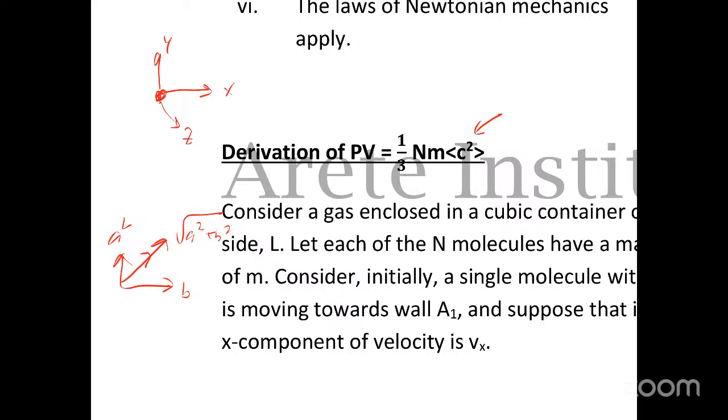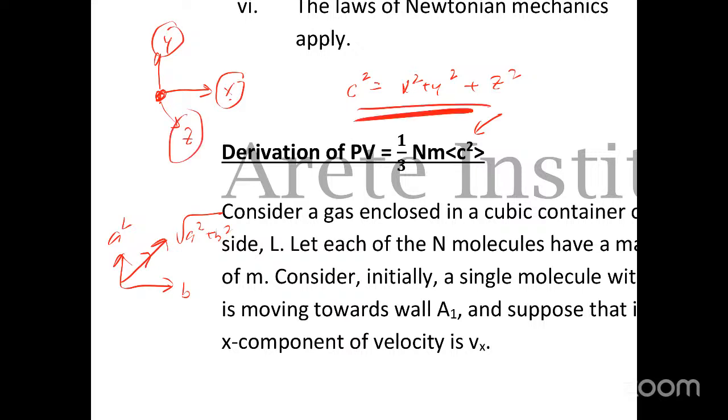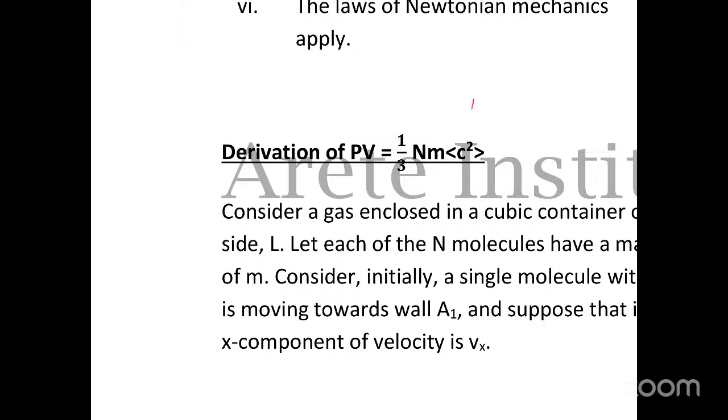So in 3 dimensions, c squared is like the average of all 3 directions. c squared is equal to x squared plus y squared plus z squared. So if you're moving in any direction, your average speed is this. What you see in here, that symbol is called mean square speed.